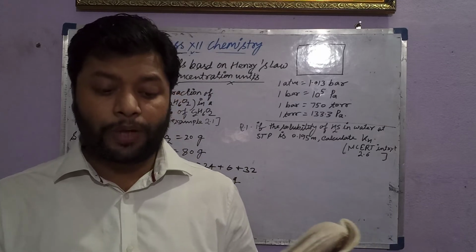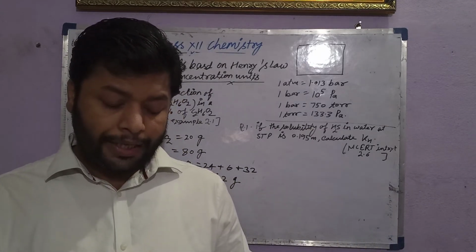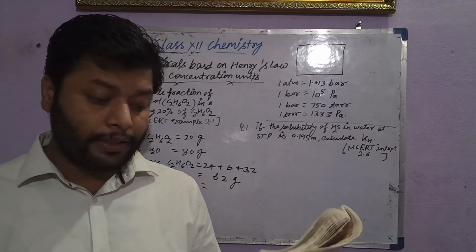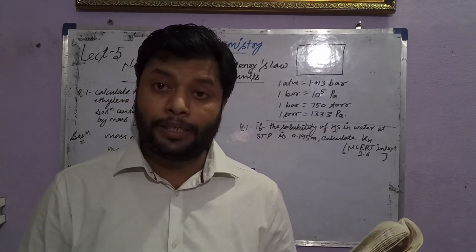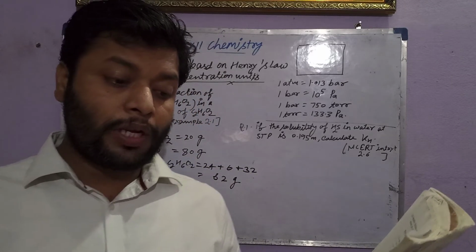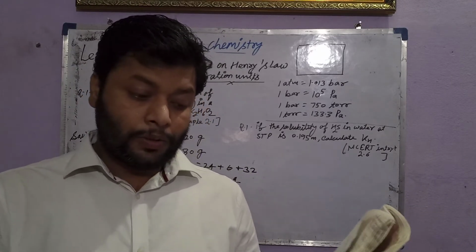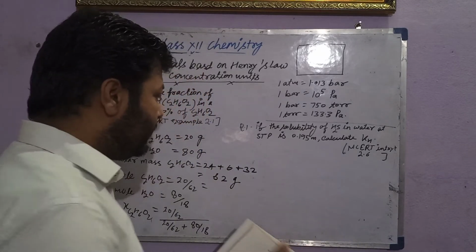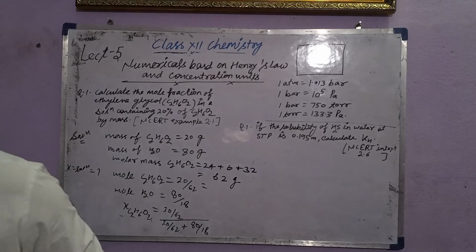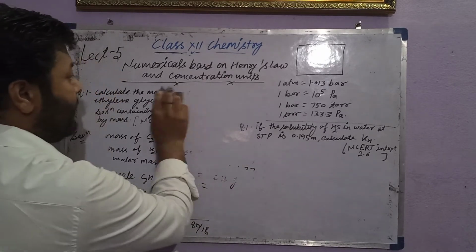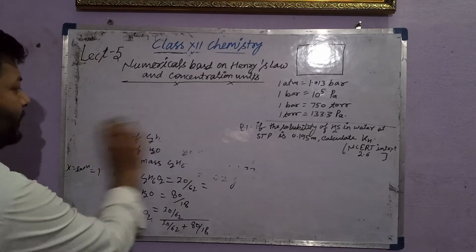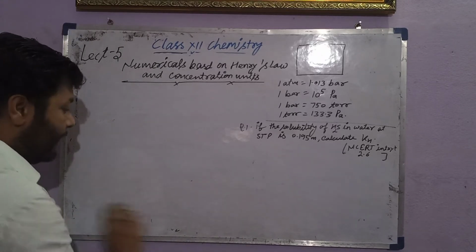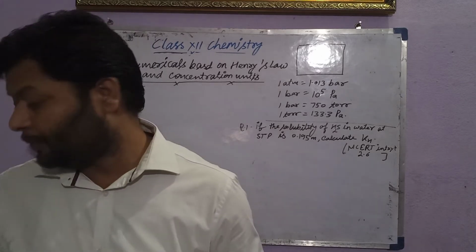I am taking some questions from the text now. Calculate the mass percentage of benzene and carbon tetrachloride if 22 gram of benzene is dissolved in 122 gram of carbon tetrachloride. To calculate mass percentage, as I have explained many times, you have to divide the mass of solute upon the mass of solution.